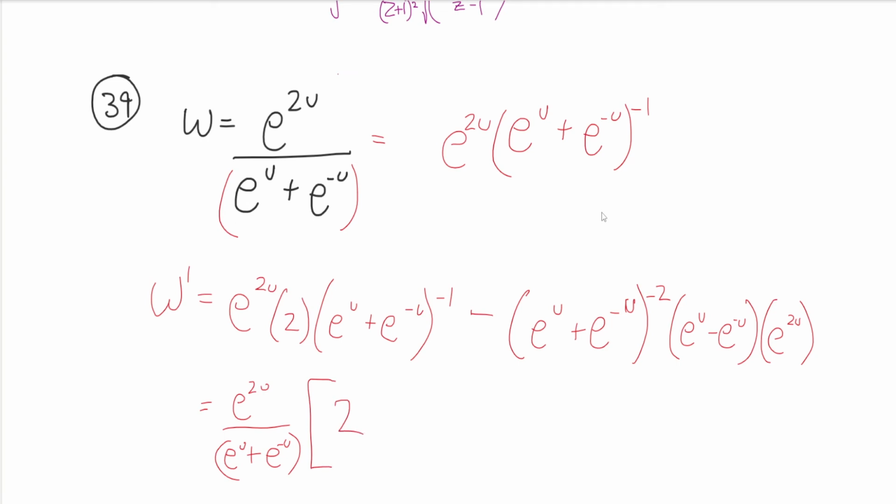And what do we get? 2 minus (e to the u minus e to the minus u) all over (e to the u plus e to the minus u), right? Looks like some sort of arctan stuff, right? Boom. W prime.